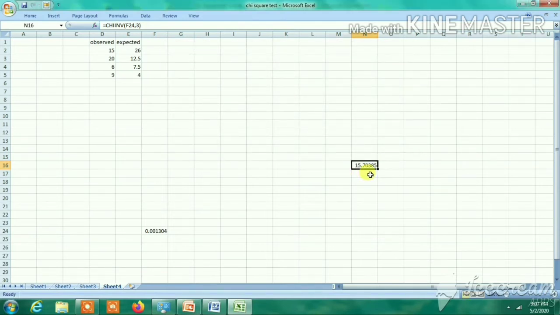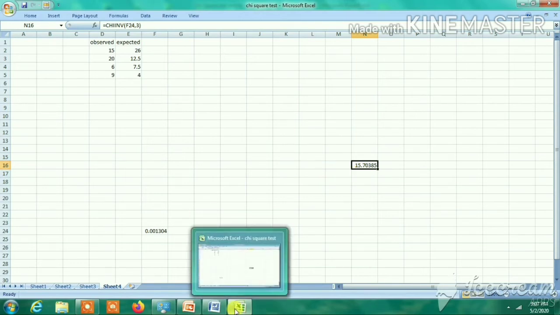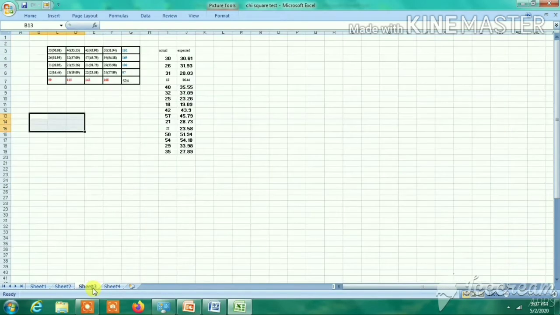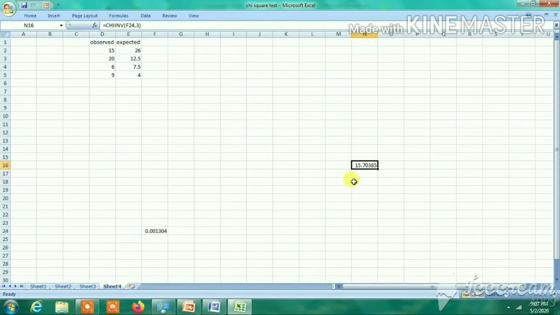We have to compare this calculated value with the table value. So going to table value, 3 degrees of freedom, 0.05, 3 degrees of freedom, 7.81, and our value is 15.70.